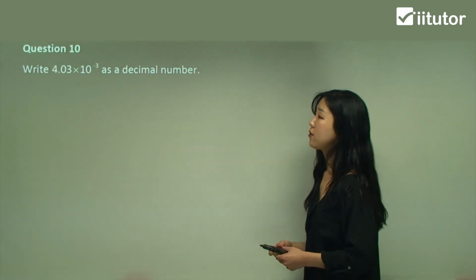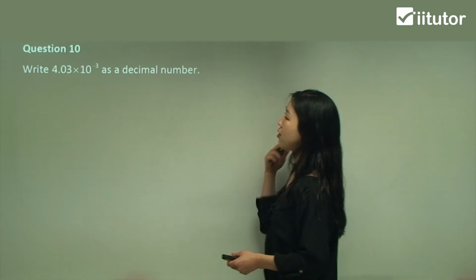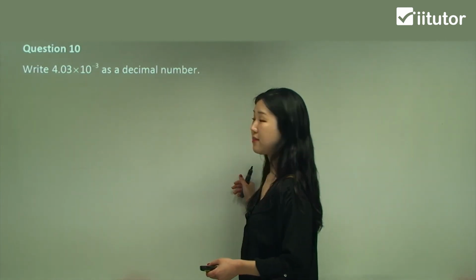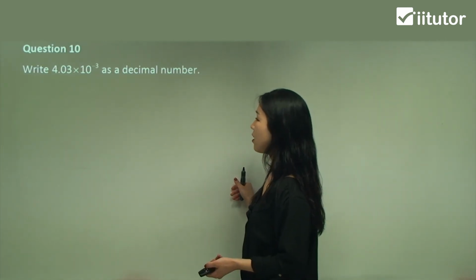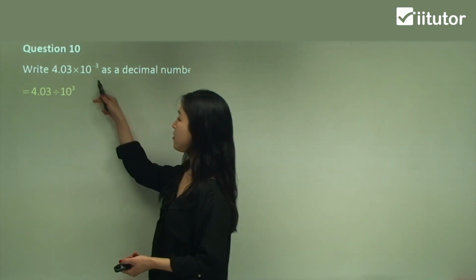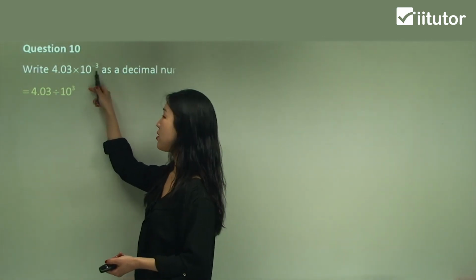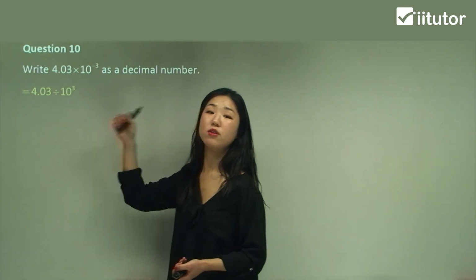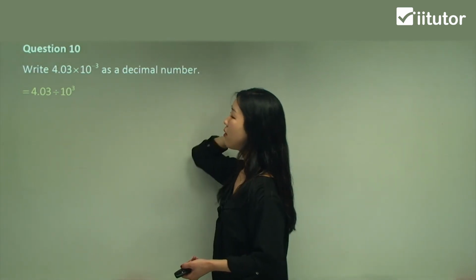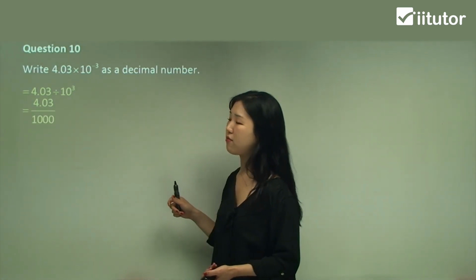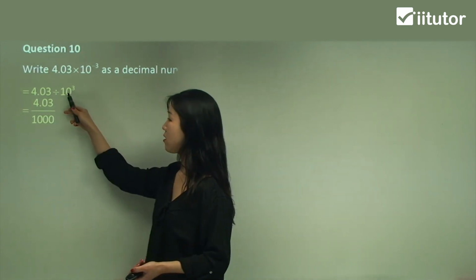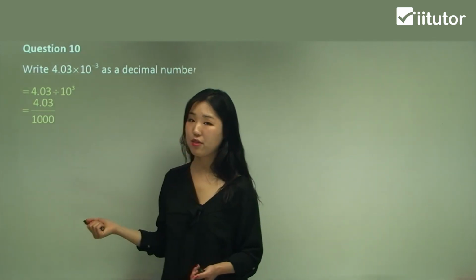Let's do another one. Question 10. Write 4.03 times 10 to the power of negative 3 as a decimal number. So again, 10 to the power of negative 3 means we're dividing by 10 to the power of positive 3, aren't we? So what we do is we divide by 1,000 because we know that 10 to the power of 3 is 1,000, right?